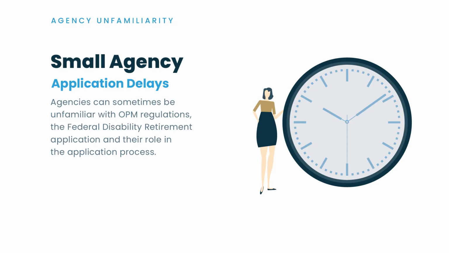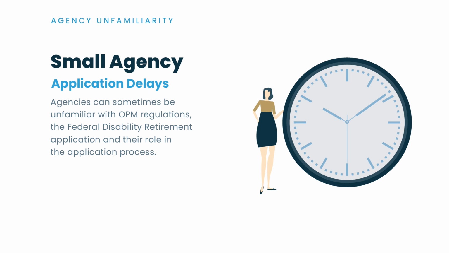We run into this a lot with smaller agencies. They don't have a lot of experience processing disability retirement applications, and they're unfamiliar with OPM's rules and regulations, and this can sometimes really slow down the process. Yeah, the best thing you can do is just be patient and let us communicate with your agency.